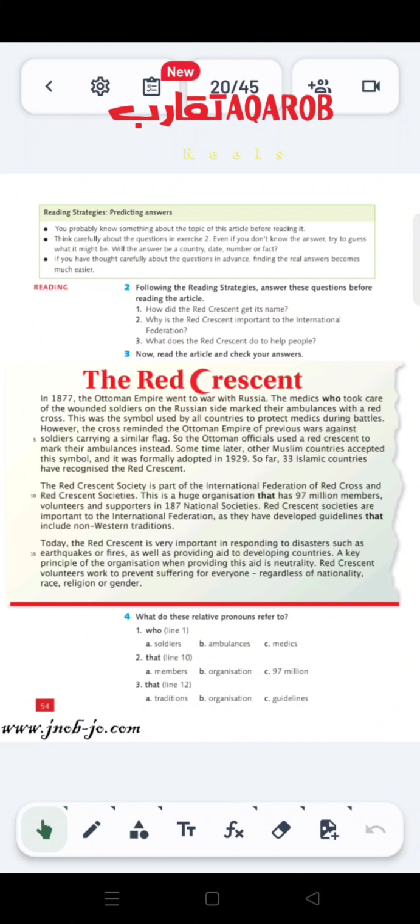So, now question number 4. What do these relative pronouns refer to? Number 1, who. So, it refers to soldiers, ambulances, or medics.